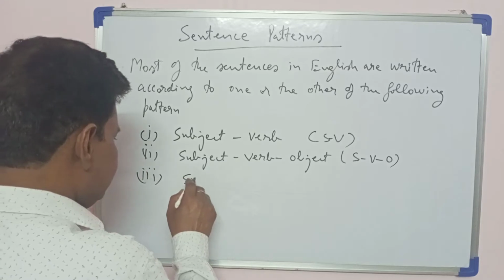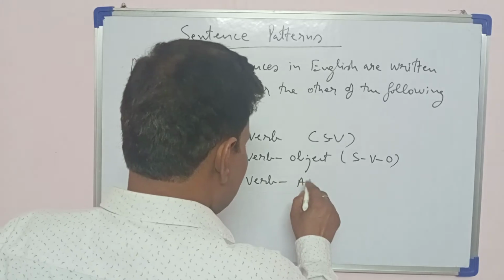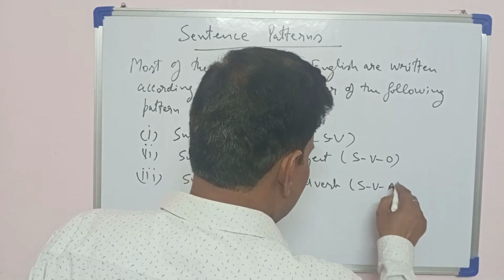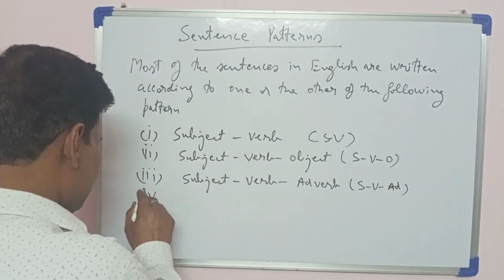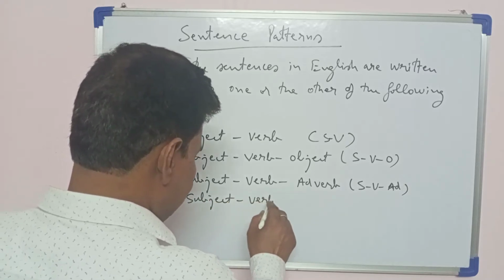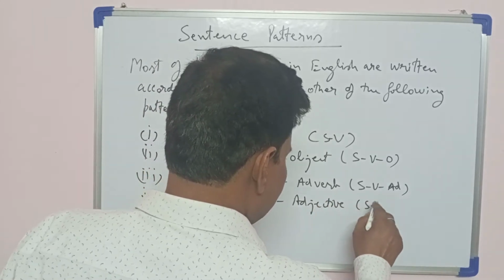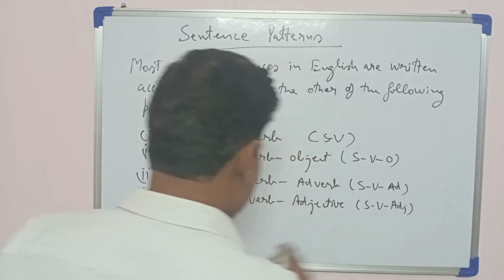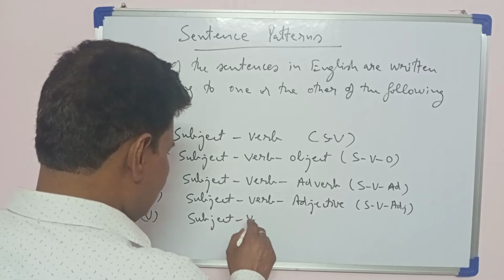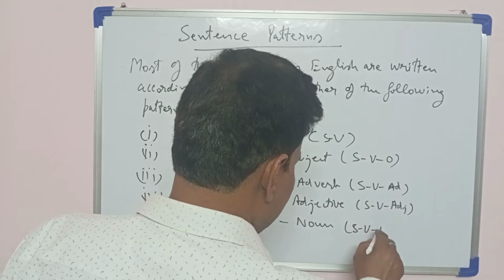Then subject, verb, adverb, we can say SV and adverb. Then subject, verb, adjective, SV and adjective, and then subject, verb and noun, SV and N.